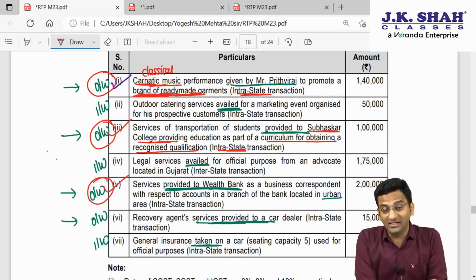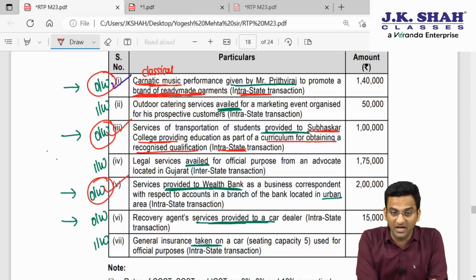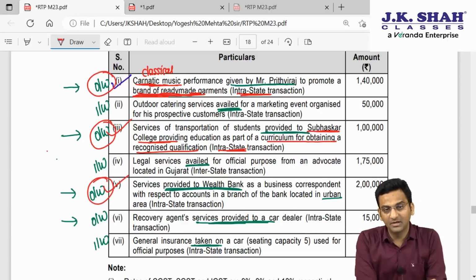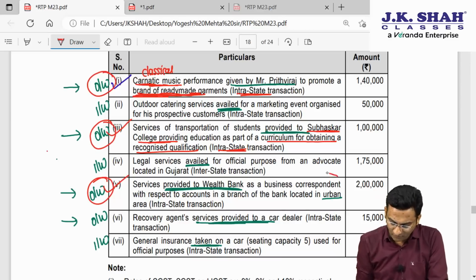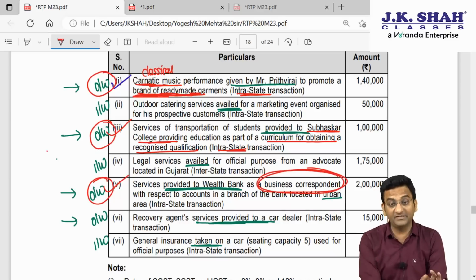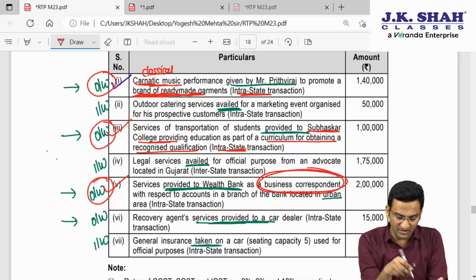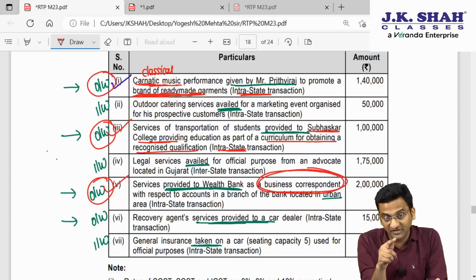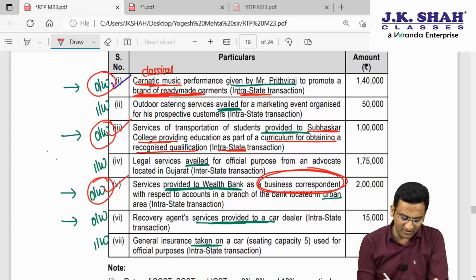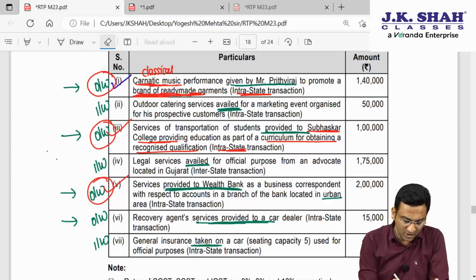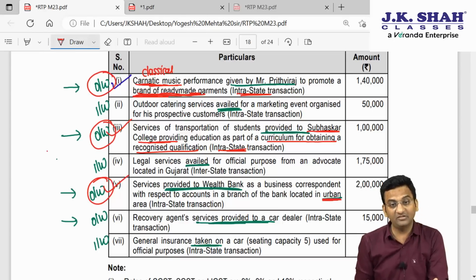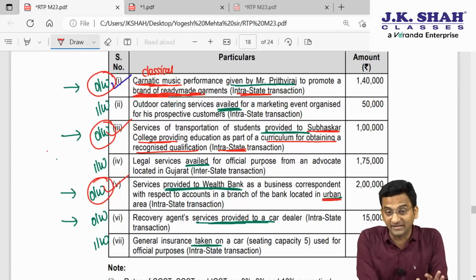Services provided to Wealth Bank as a business correspondent with respect to the accounts in a branch of the bank located in the urban area. Now, friends, if you do remember the provisions relating to business correspondent. If services are provided to a bank as a business correspondent, and if the branch is located in the rural area, then it is exempted.